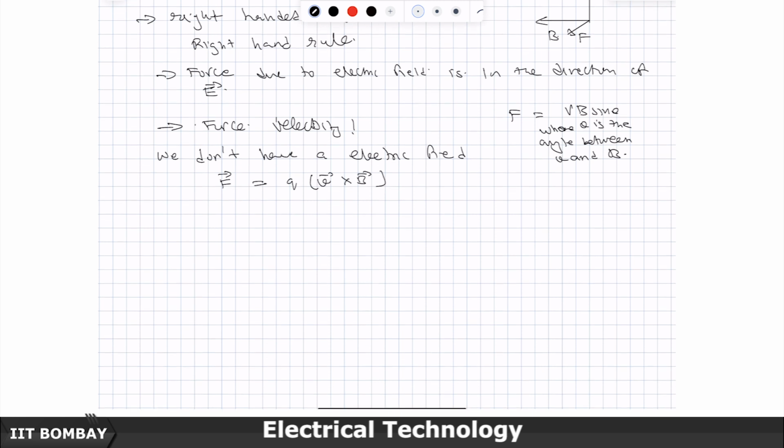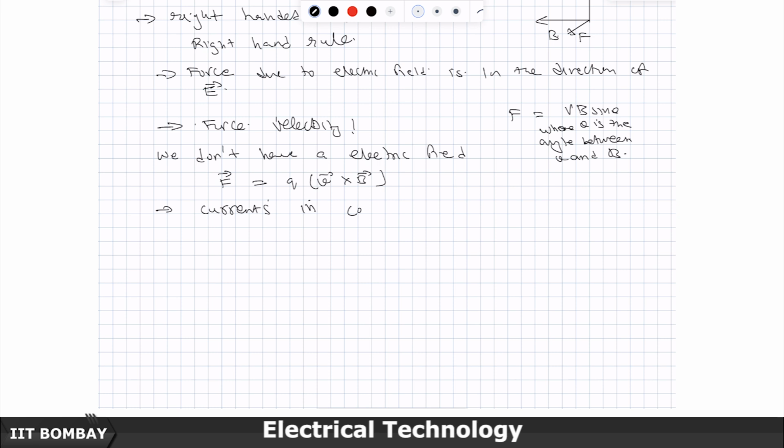But this is also slightly inconvenient, because it is only dealing with a charge. Our problem is much more complex, because we are dealing with currents in a conductor.